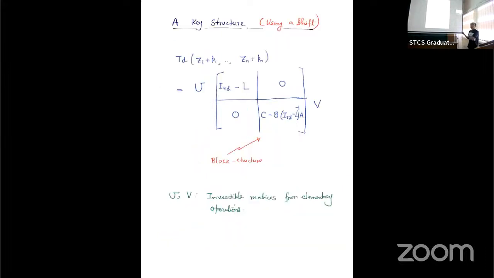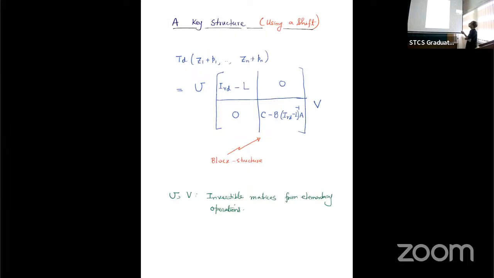This is technically easy to work with and reduces this problem to the PID problem. And this is the connection that Mrinal was mentioning, like the Blizzard connection. So now, if you look at this T_D matrix and shift by the matrix tuple P1 to Pn, which was witnessing the fact that the rank is R, this will be a linear matrix over Z variables.